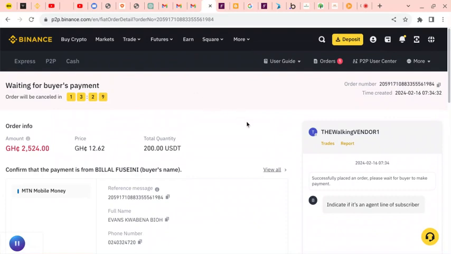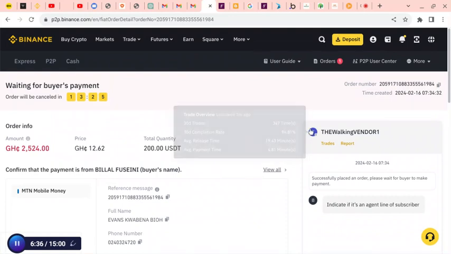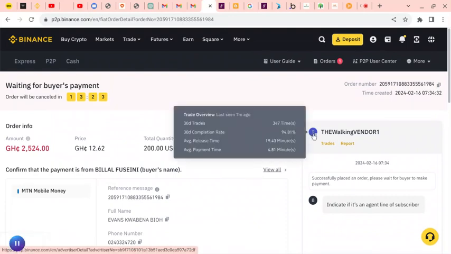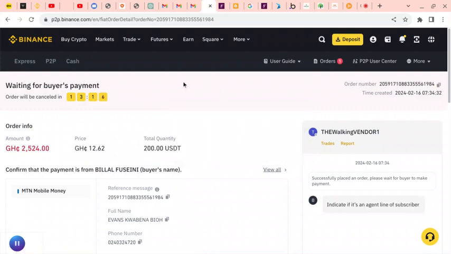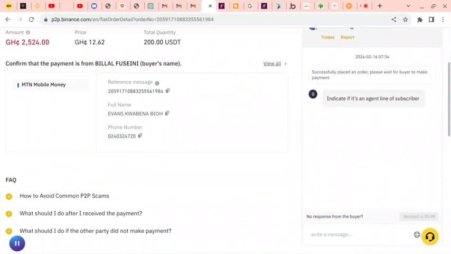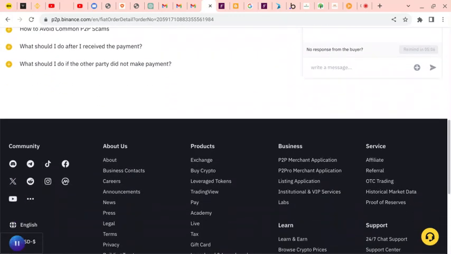I don't know whether we should wait for him, because the last seen is 7 minutes ago, so it means that maybe he will come.